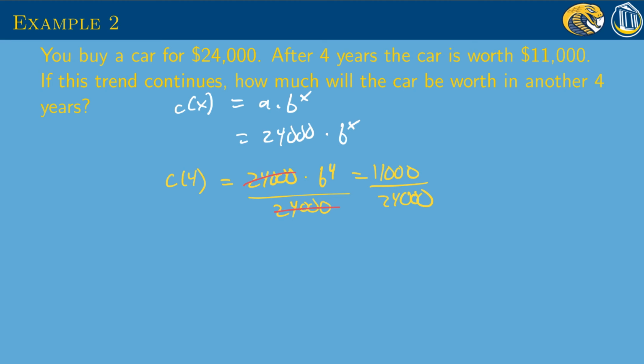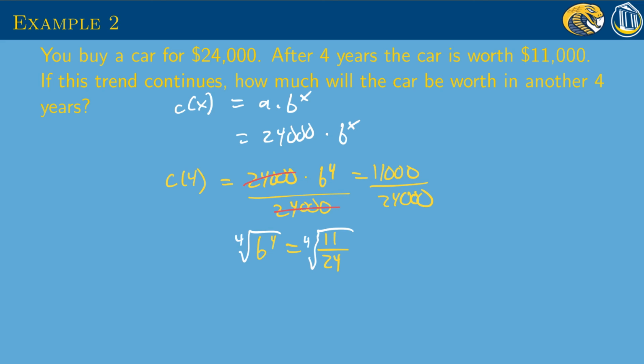After simplification, we're left with b to the 4 equals 11,000 over 24,000, or we could just write this as 11 over 24 if we wanted. From here, we're again going to take the 4th root of both sides. That's the same thing as raising this to the power of 1 over 4.